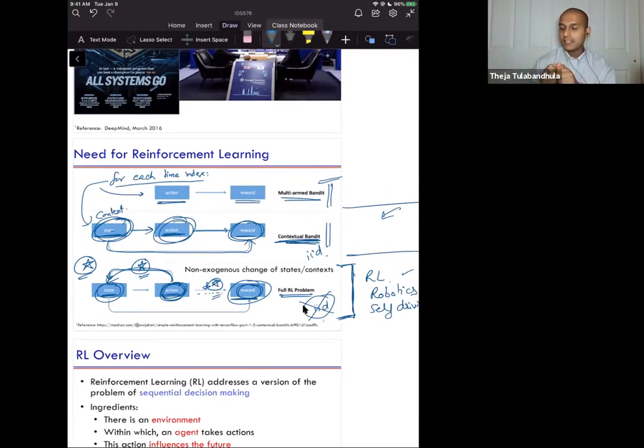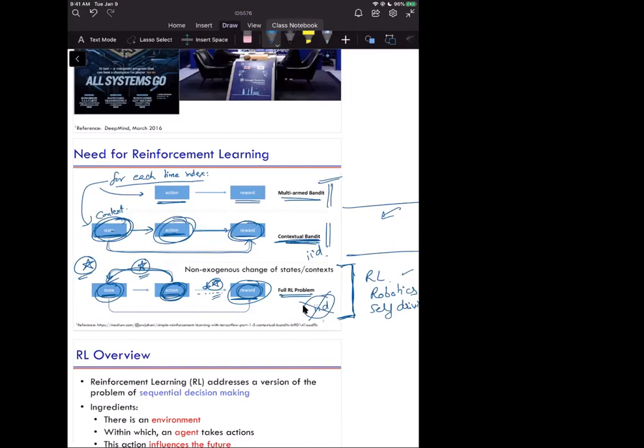Efficient in the sense that if the drug is really promising, more people will get exposed to the drug. But if the drug is really not promising, fewer people will get exposed to it. Whereas if you do an A/B test or a traditional randomized control trial, then there will be 100 people who will definitely get exposed to the drug, whether it was good or not.